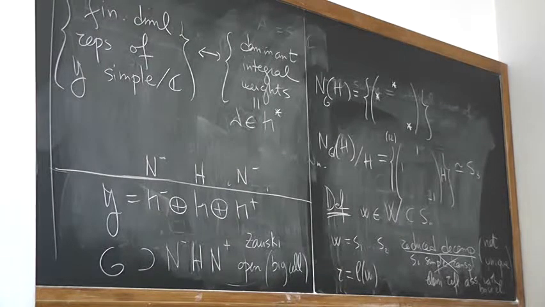But how do you know that the complex group has an algebraic structure? It's a very good question. Let me be extremely naive. This group is a matrix group.